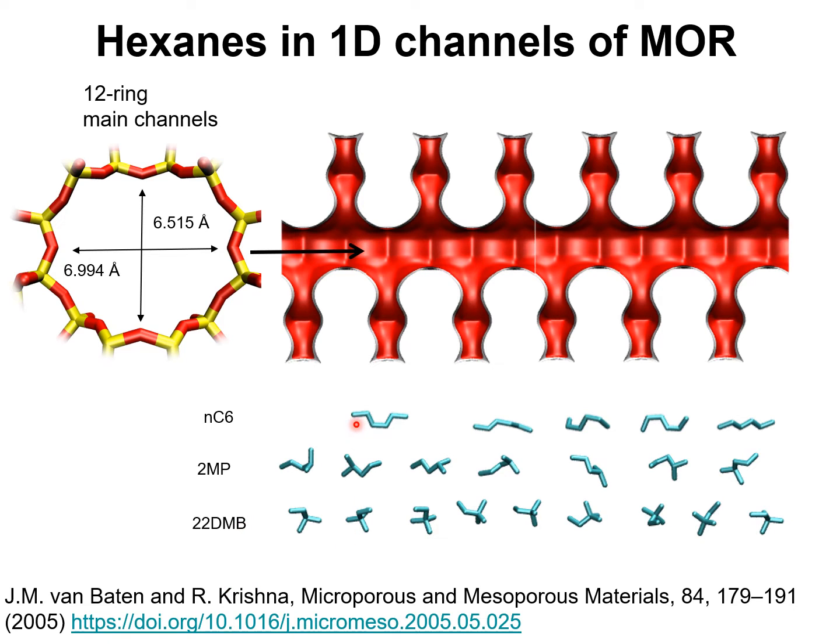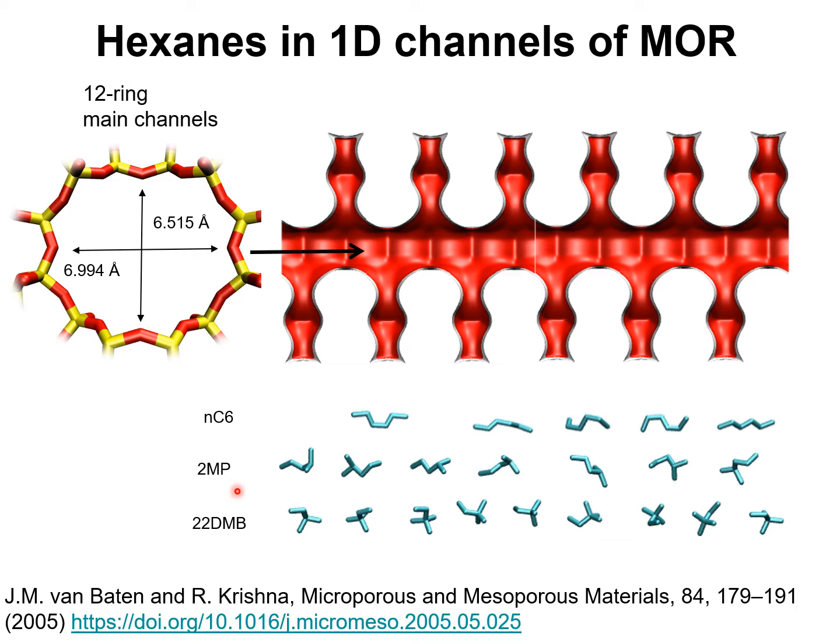Normal hexane has a longer footprint, and within a certain length, from here to here, of mordenite adsorbent, we can locate a total of 1, 2, 3, 4, 5 normal hexane molecules at a certain temperature and pressure conditions in the bulk phase fluid surrounding the mordenite crystals.